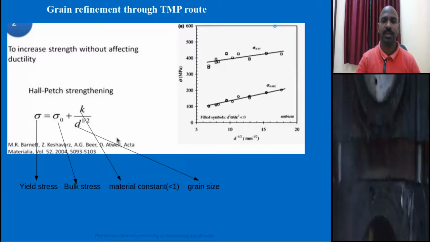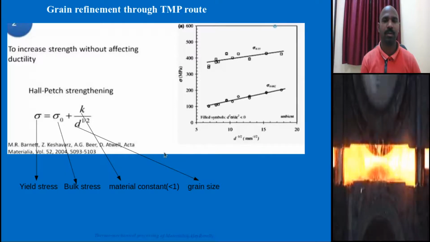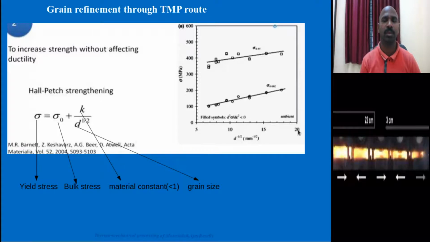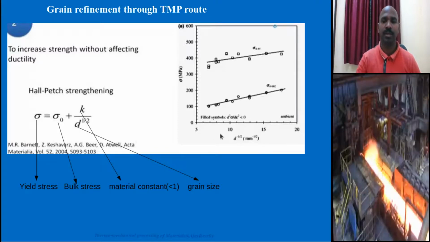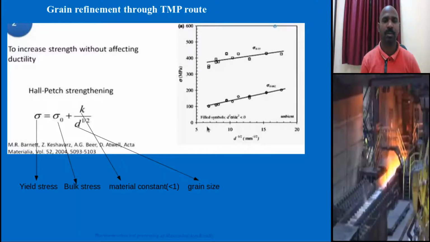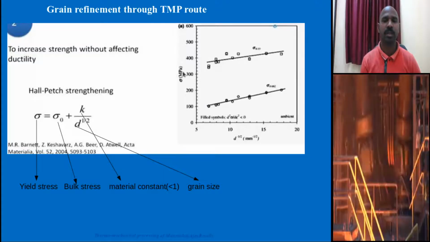less than 1. This relation was concluded in a journal, that the yield stress has a relation with the square root of the grain size. As the grain size increases, for example 5 micrometer grain size versus 20 microns, this is a larger grain, this is a smaller grain, and this is the stress in megapascal, from 100 megapascal to 600 megapascal.